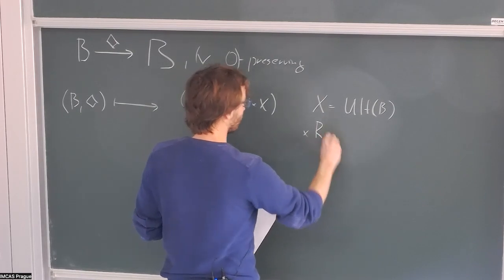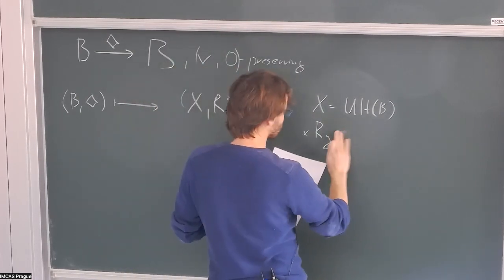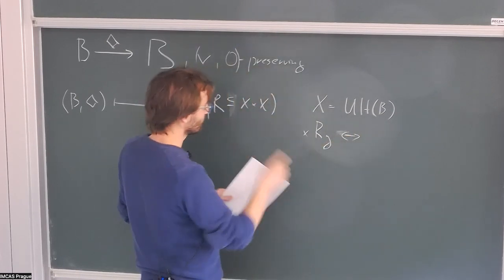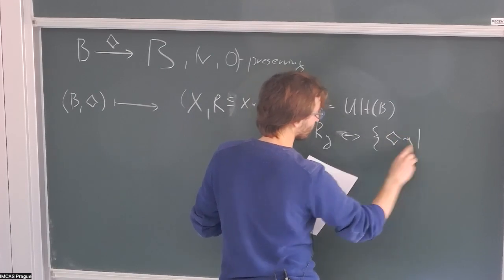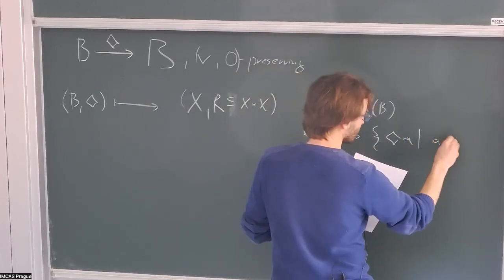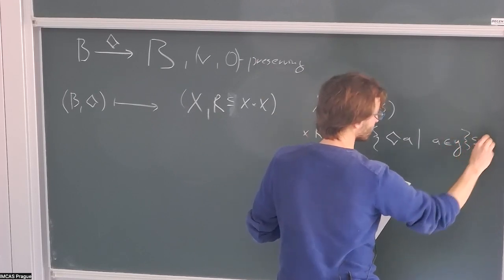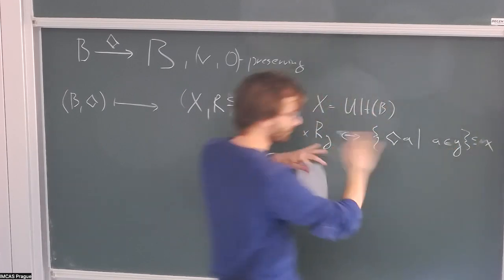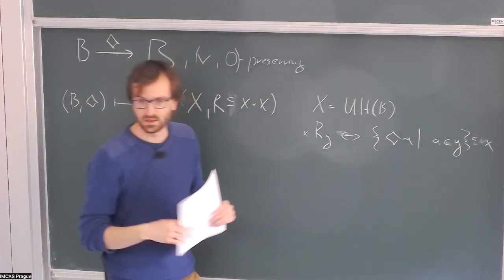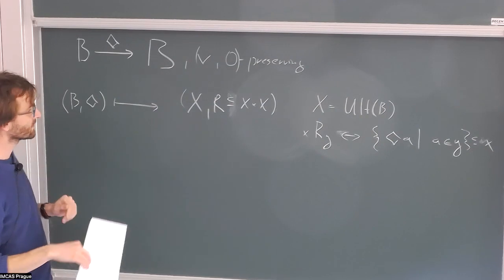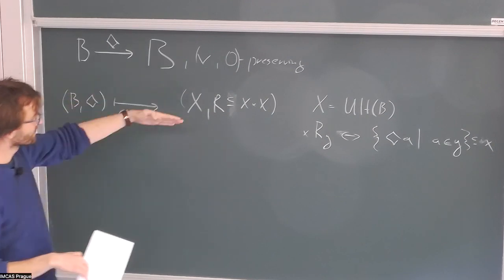If I have X and Y, so these are ultrafilters at this point, I will say that X is in the relation to Y whenever I take diamond of some A, for A in the ultrafilter Y, and this forms a subset of X. So you don't have to worry about this too much. It's just a simple first order formula to write down some kind of relation out of a Boolean algebra with an operation.